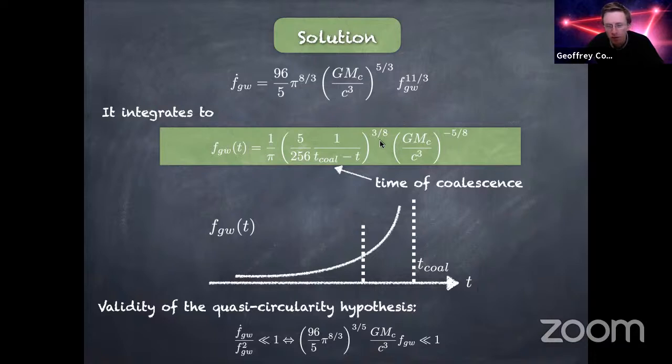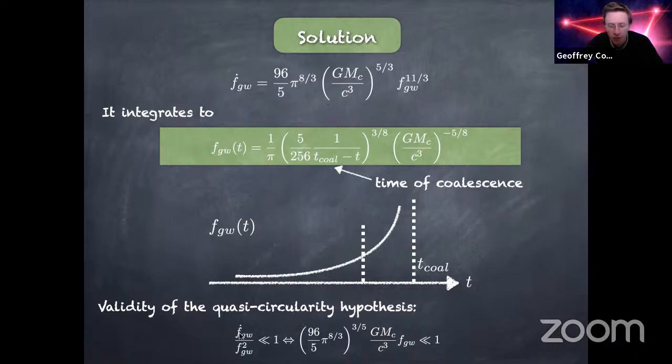Now what you observe from this frequency is that there's an integration constant, which can be interpreted as the time of coalescence. So this function, if you plot it, is something like this. It goes to infinity at a finite time. So that's the coalescence time, according to this approximation.